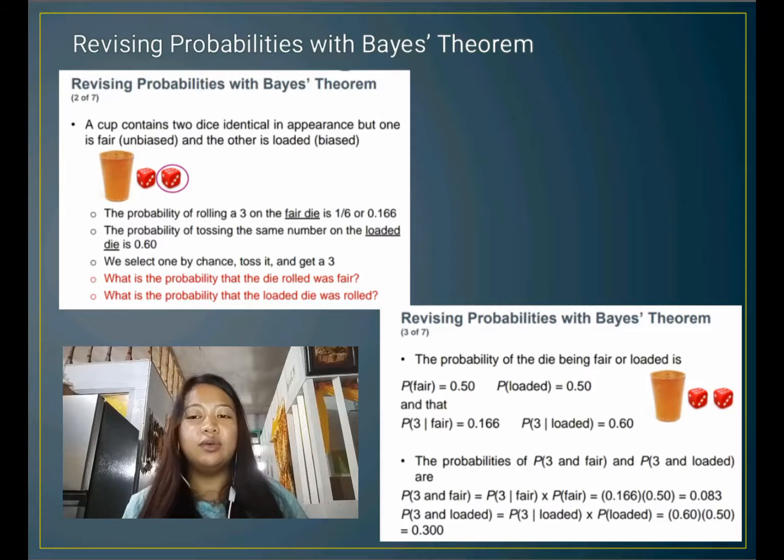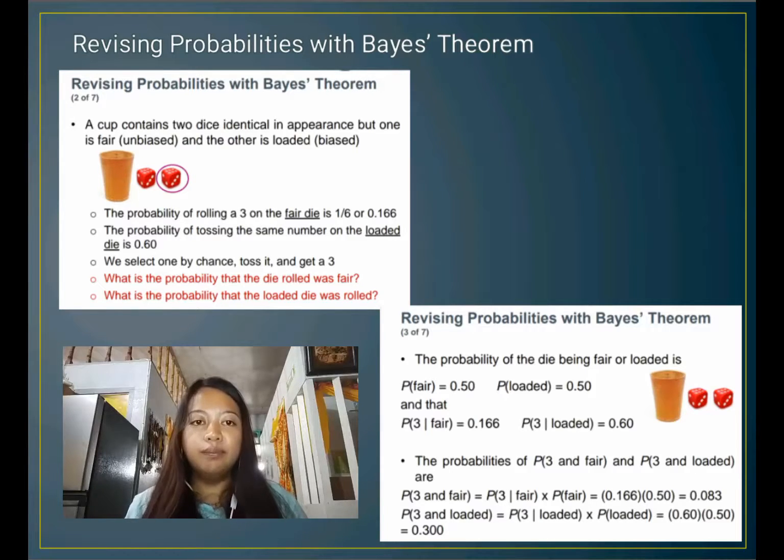Then the probability of being 3 and fair, and the probability of being 3 and loaded. The probability of being 3 and fair is the probability of 3 given that it is fair multiplied by the probability of being fair.